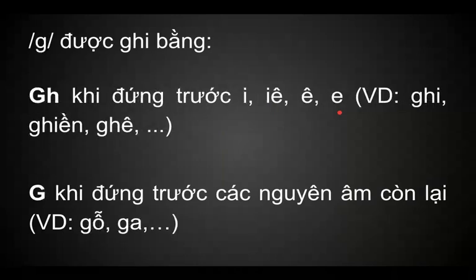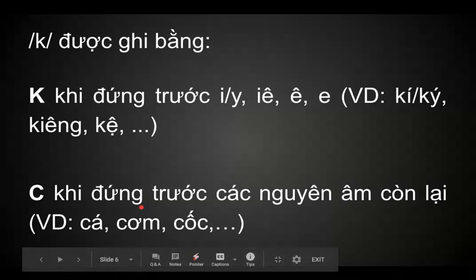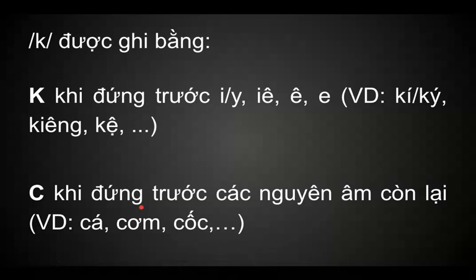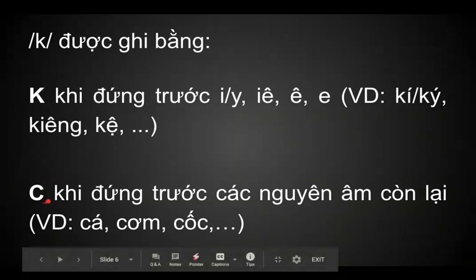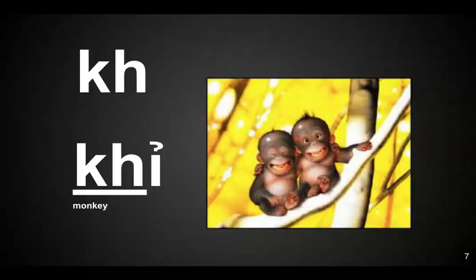Very similar to the g sound, except we don't have correct for the z hat, and this one does have correct. And for all the other vowels, we use se. So really, all you have to memorize is e, correct, a, and the a, because all the rest we use se.